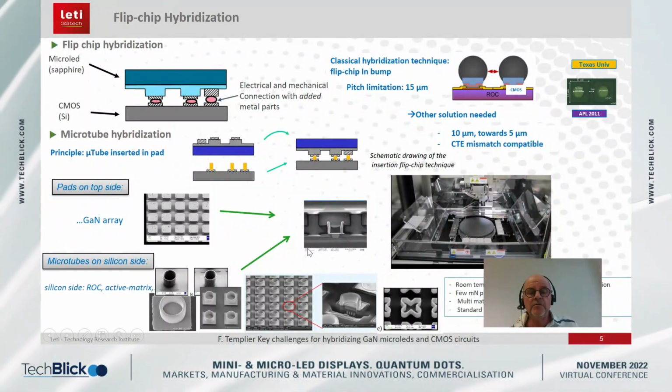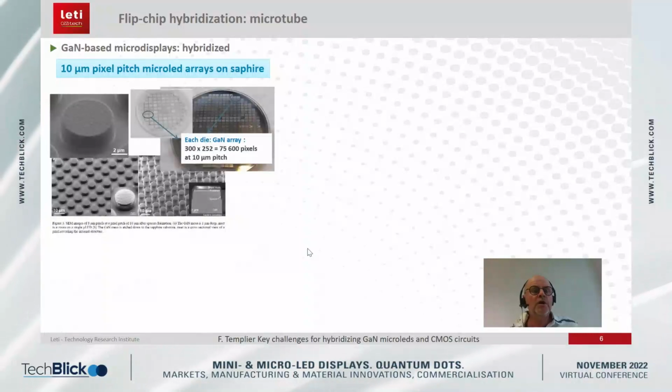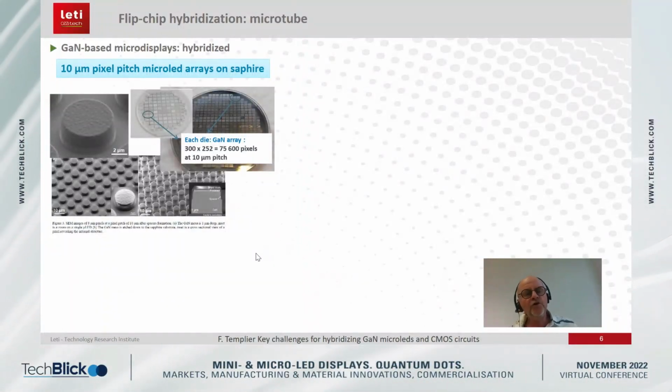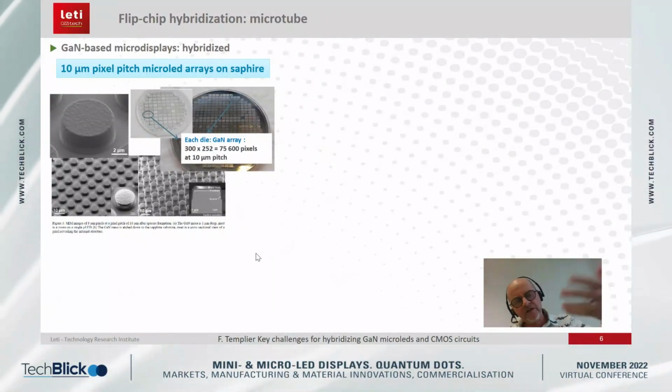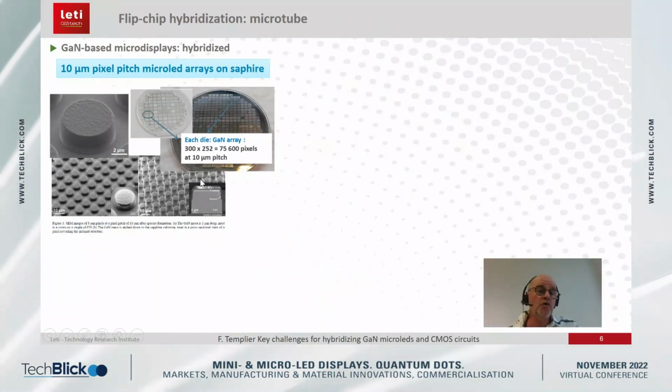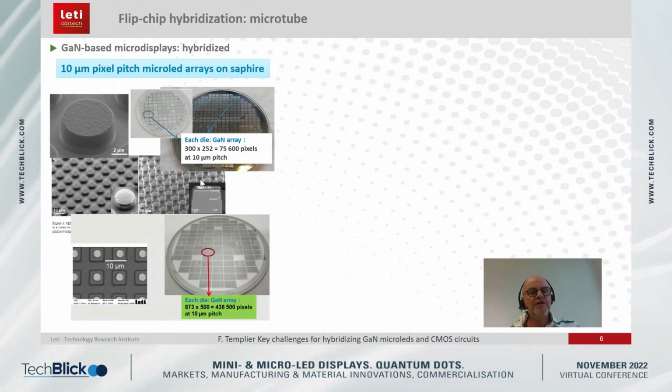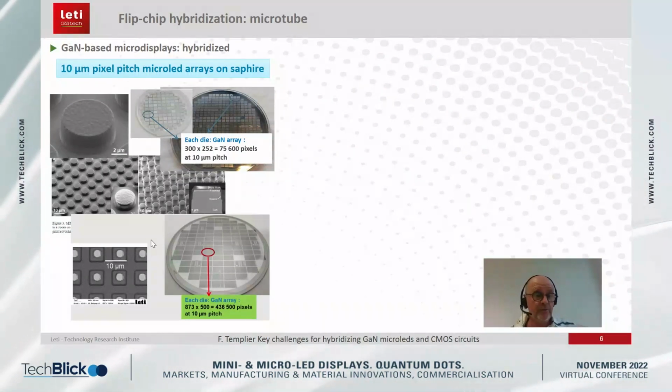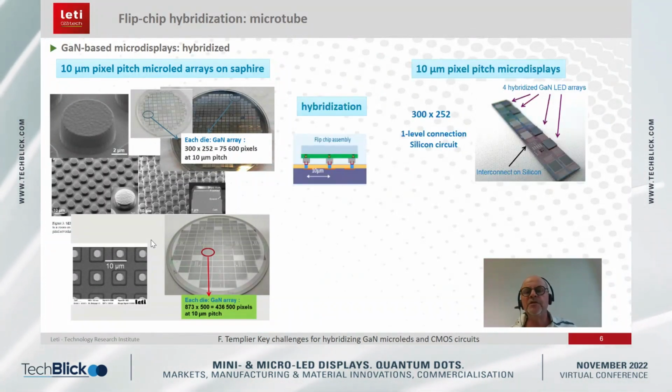So this solution works. We could show prototypes here. You can see photographs of the fabrication of one side, namely the micro LED array, with very small pitch. On the other side, the CMOS, on top of which we deposit and pattern these microtubes.